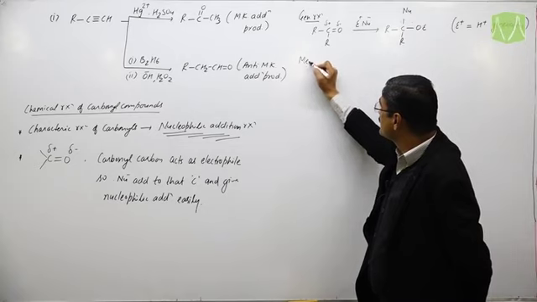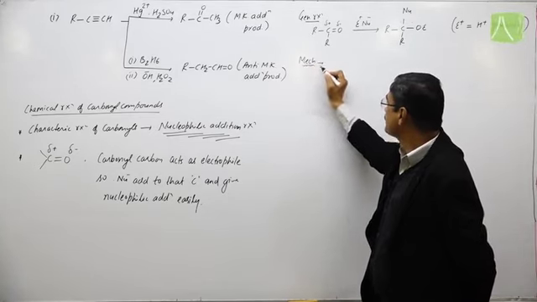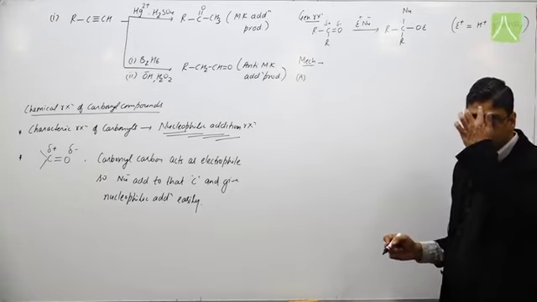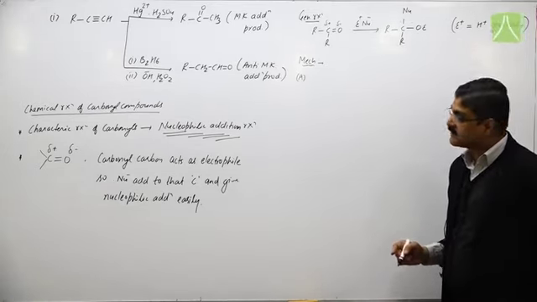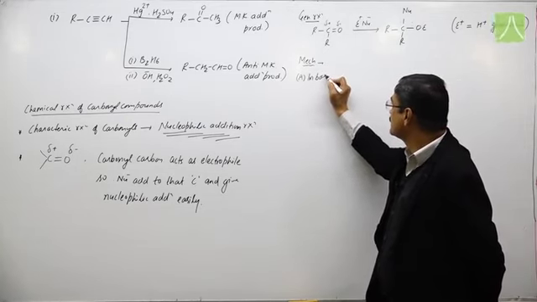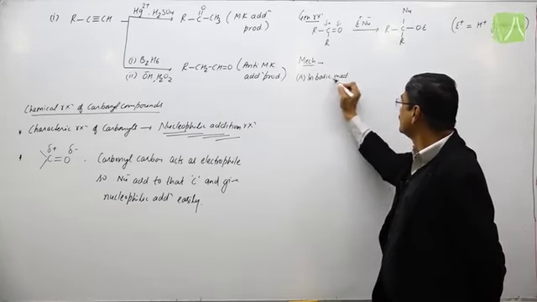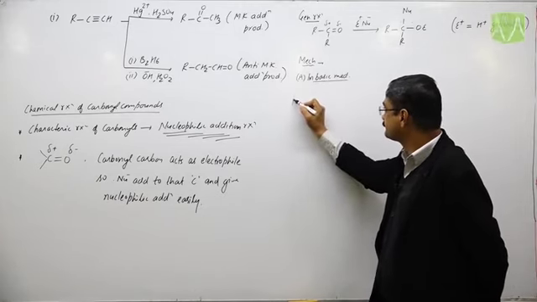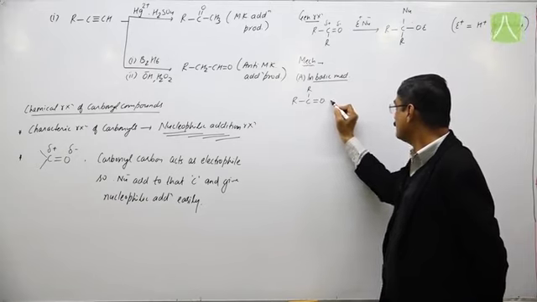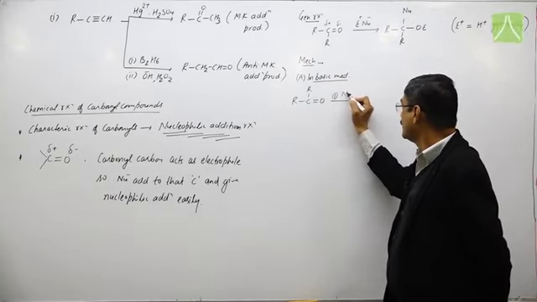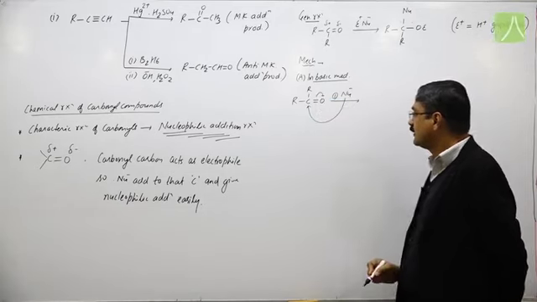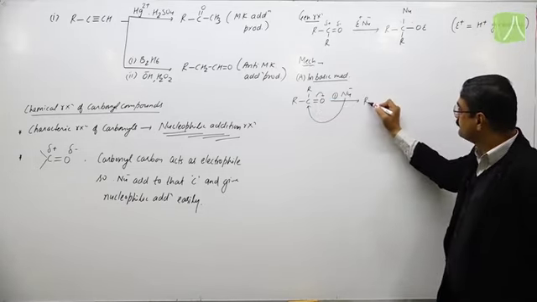So come to the mechanism part. There are two different mechanisms. One is in acidic medium, another is in basic medium. So I take first basic medium. In basic medium, nucleophile directly adds to the carbon and pi bond is broken.